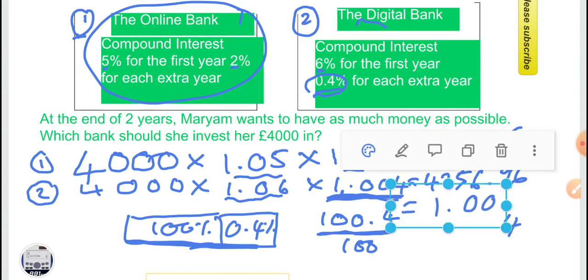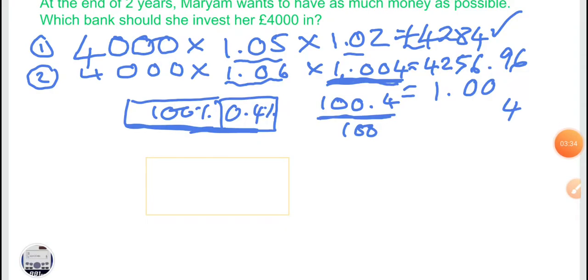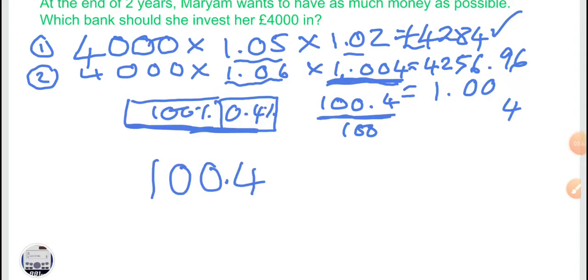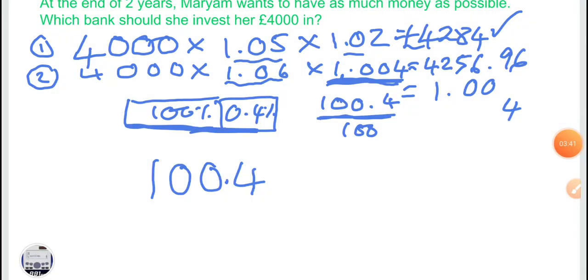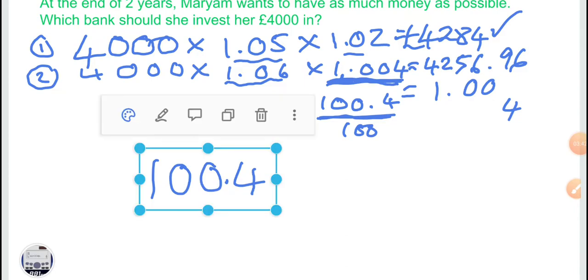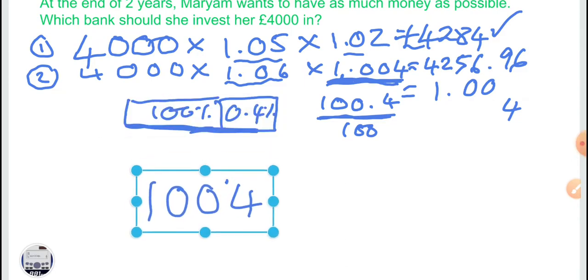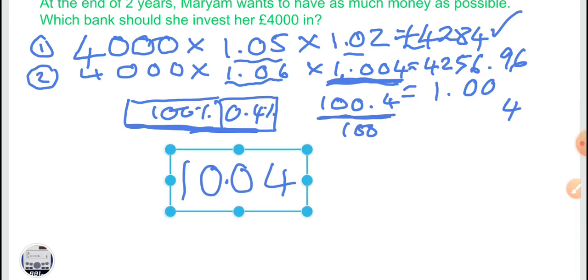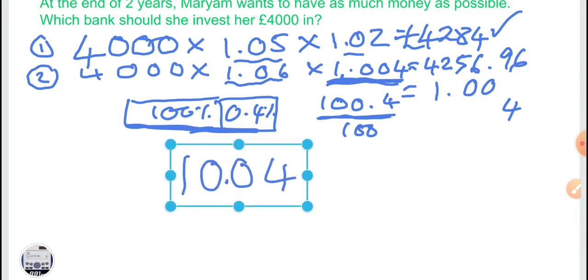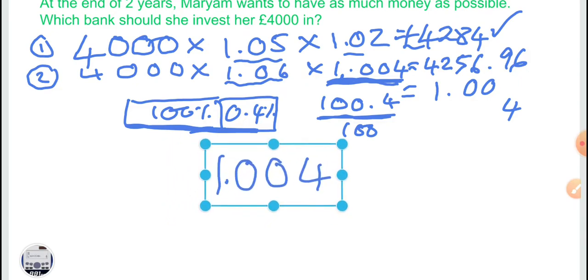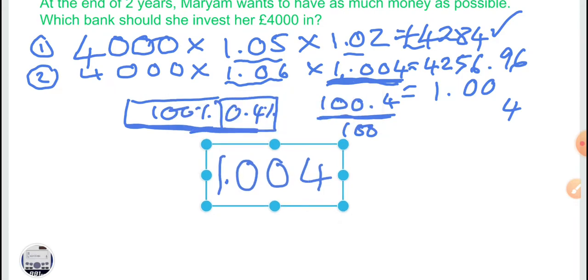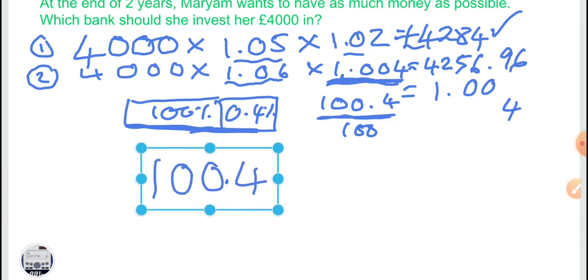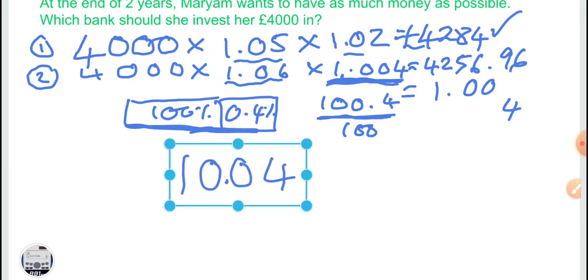Just to explain in a bit more detail, we had 100.4, which we want to divide by 100. Now when you divide by 10, the digits move one place to the right and the decimal stays in its place.